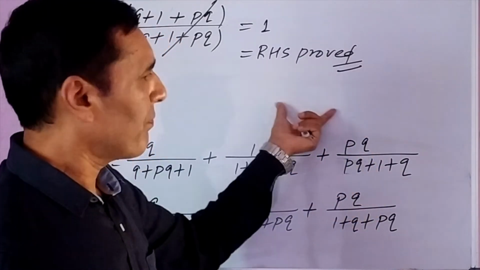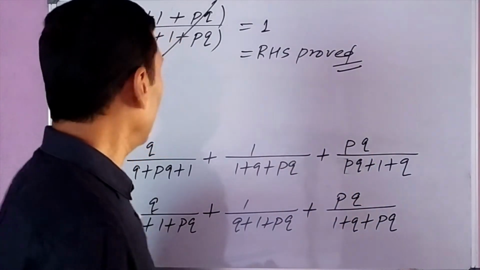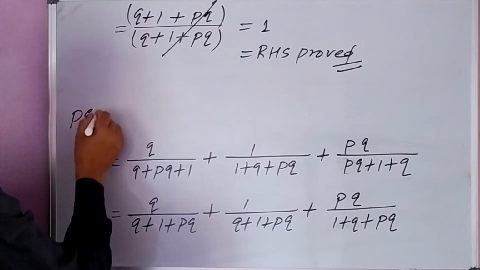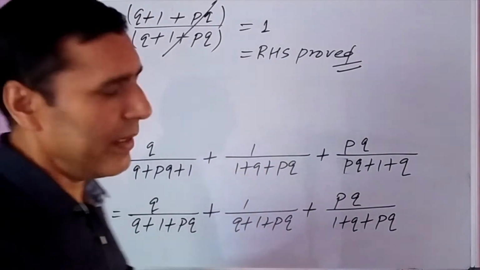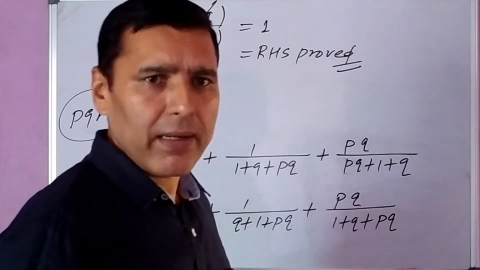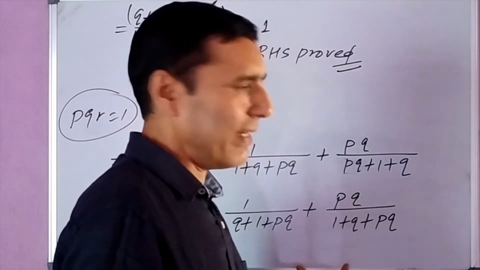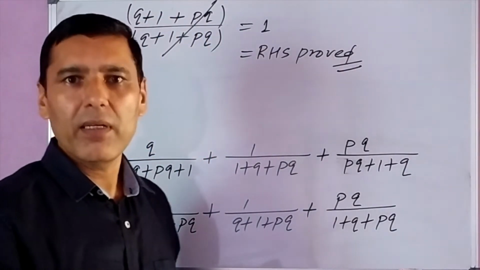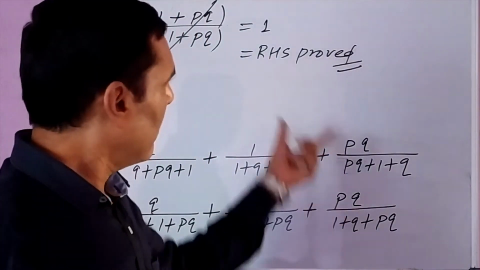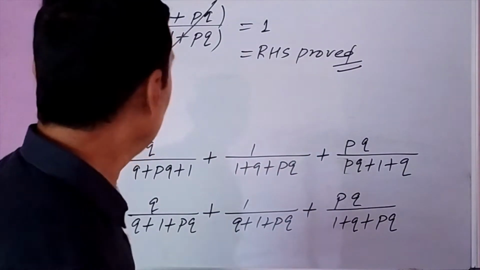But as the condition here is in product form, p, q, r equal to 1, it is not necessary to multiply any term by any quantity. Directly leaving one denominator as it is and changing the other two denominators, we will get the same denominator and we can take the LCM in an easy way.